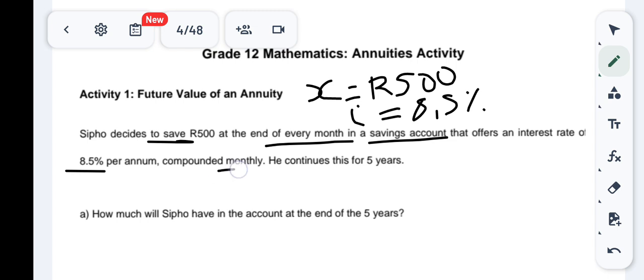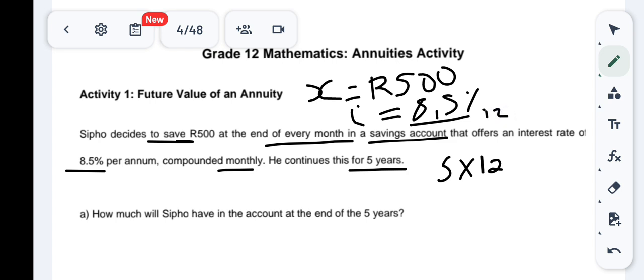Compounded monthly. In this case, monthly means 12. So we need to divide our interest rate by 12 and also multiply the number of years by 12. He continues this for 5 years, so we need to say 5 multiplied by 12 and also divide our interest rate by 12.